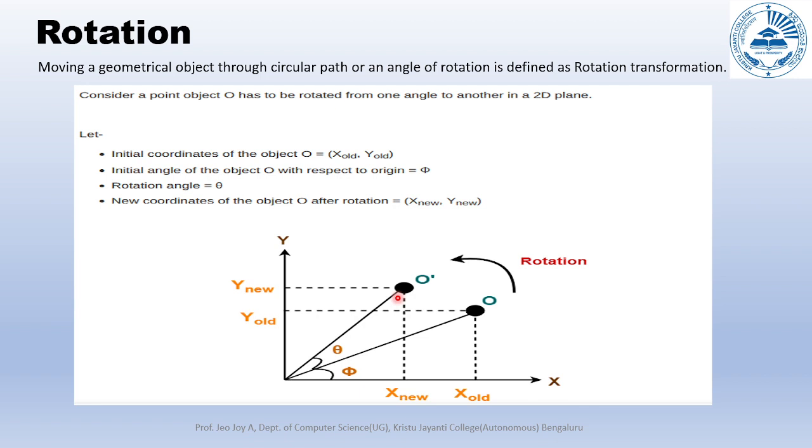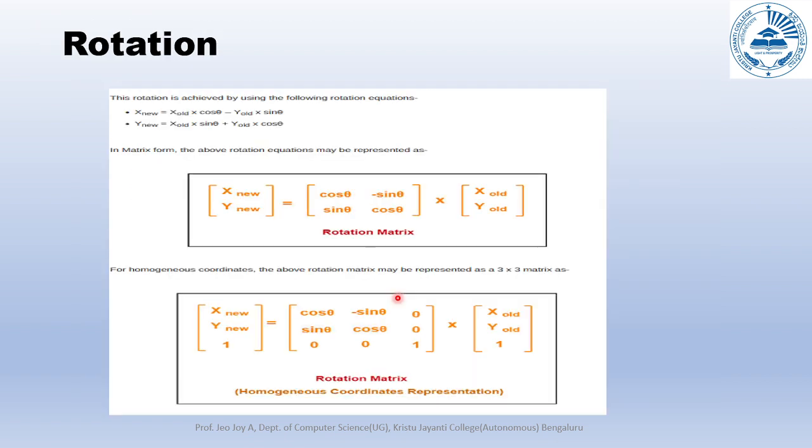Substituting r cos phi as x and r sin phi as y, you get the modified equations: x new as x old cos theta minus y old sin theta, and y new as x old sin theta plus y old cos theta, where theta is the angle of rotation. The same equation can be represented in matrix form as given below.